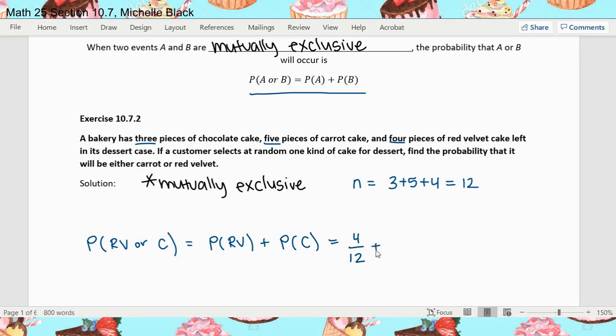And the probability of picking carrot is going to be 5 out of the 12. Adding these together, they have that common denominator of 12. So I have 9 out of 12, or 3/4. So the probability that the piece of cake that you pick is carrot or red velvet is 3/4 or 75% chance.